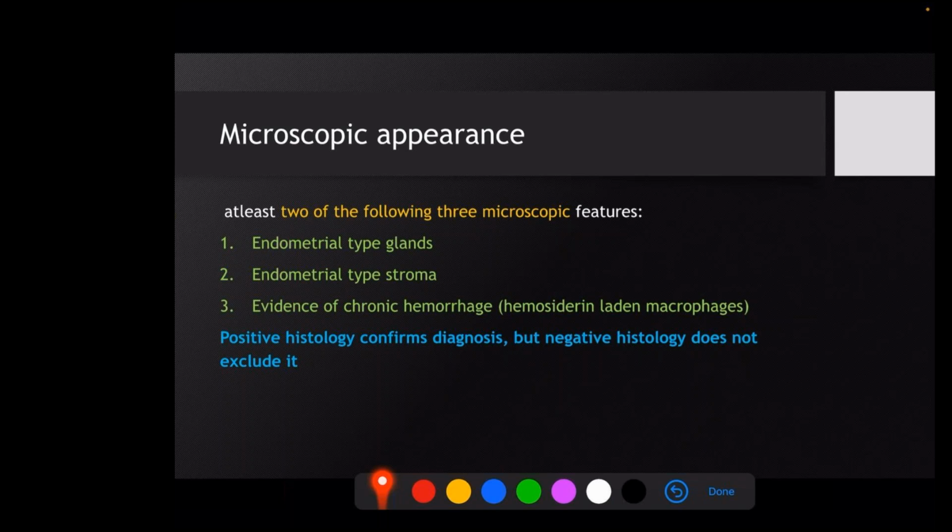So, remember, positive histology confirms the diagnosis, but negative histology does not exclude it, because in long-standing lesions, we can't identify the endometriotic type glands or stroma. It is covered with fibrous tissue.